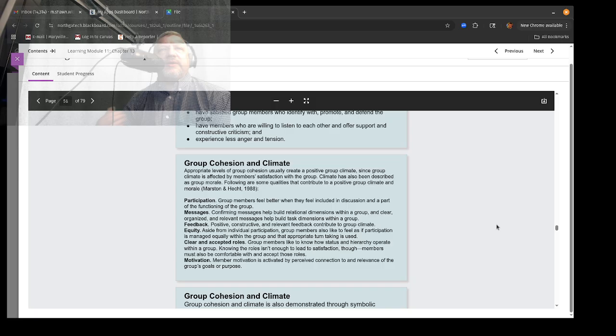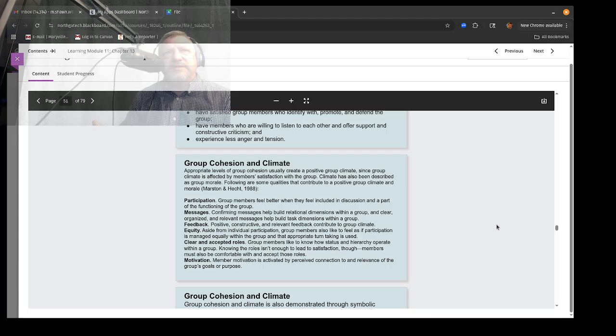When we think about cohesion and climate of a group and creating that positive group experience, since group climate is affected by member satisfaction of the group, we've got to keep people happy and high morale, right? Participation. Group members feel better when they're included in the discussion and part of the functioning of the group. Messaging.